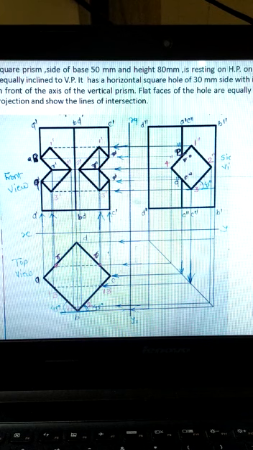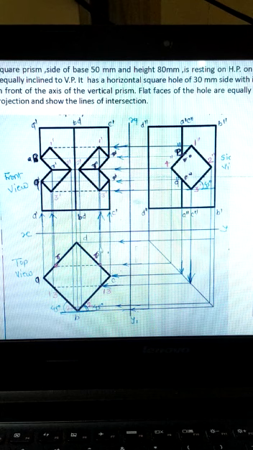As you know, when the object is resting on the HP, the true shape appears in the top view. So the first step is to draw a square of side 50 mm in the top view and define the notation A, B, C, D, where the sides AB and BC are equally inclined to HP and VP.